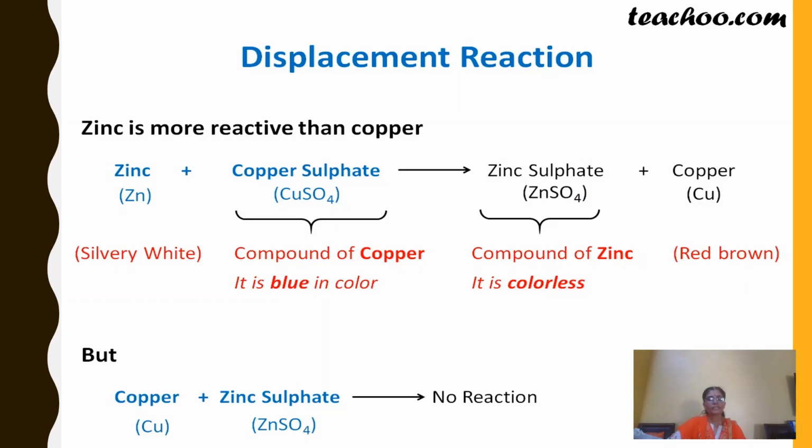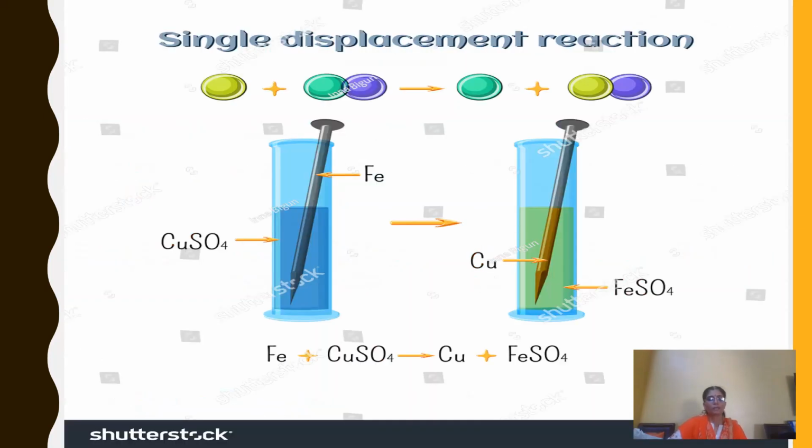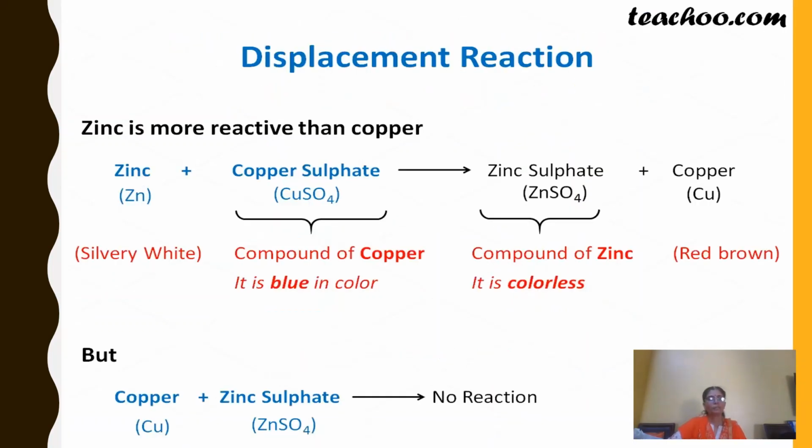So from this example, we have learned that in the first example, when an iron nail is placed in copper sulfate solution, iron displaces copper, which means iron is more reactive than copper. And when zinc is placed in copper sulfate solution, zinc displaces copper from its solution, which means zinc is more reactive than copper.